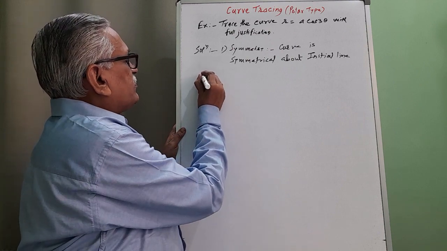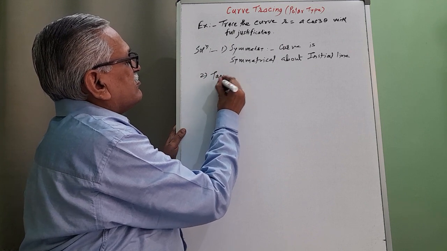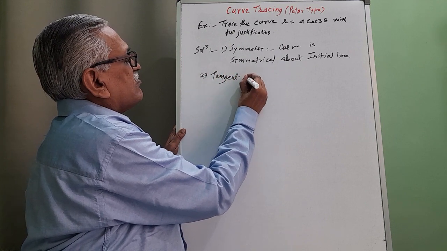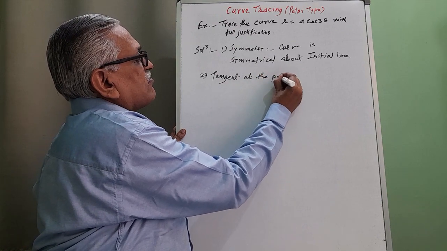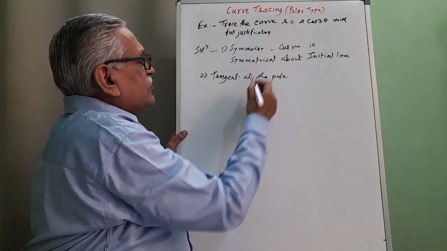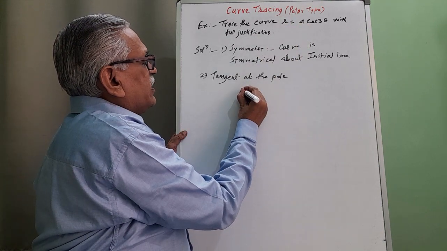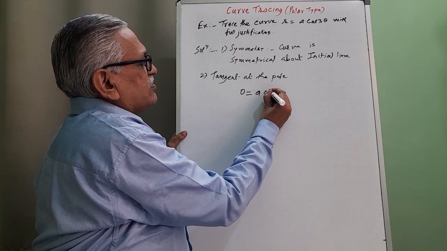Then the second point, tangent at the pole. Substitute r = 0. Putting r = 0, we get 0 = a cos 3θ.